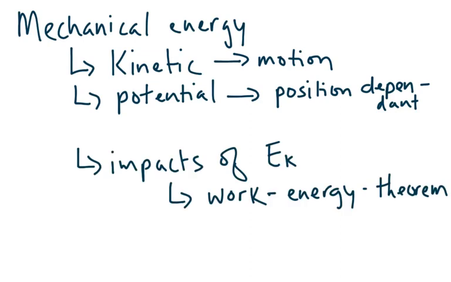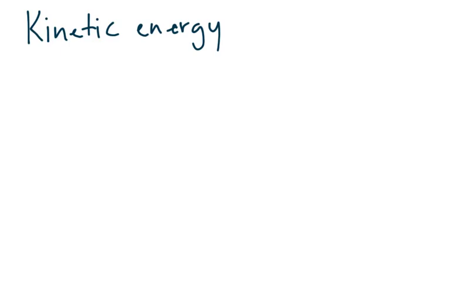So let's first start with the idea of kinetic energy. Kinetic energy is referred to as the energy of movement. Movement brings in the idea of kinematics, the rate of movement.